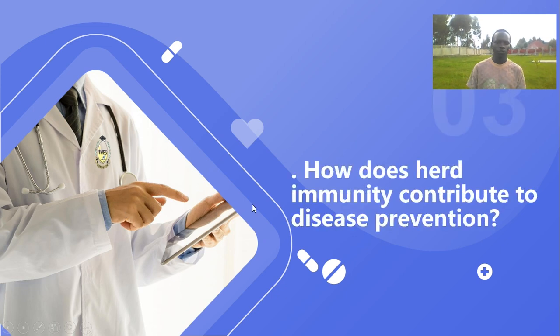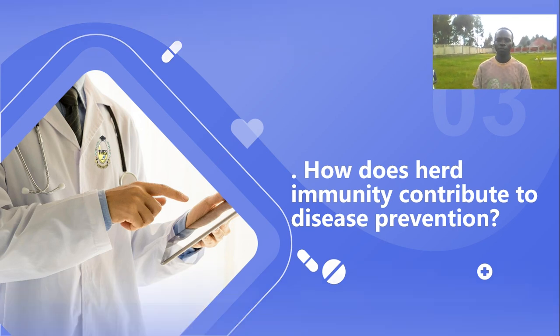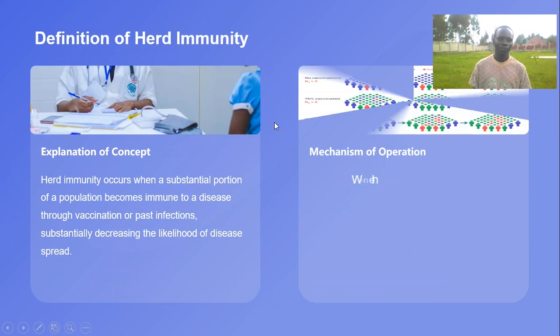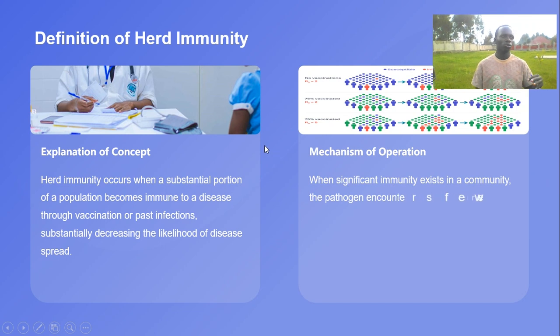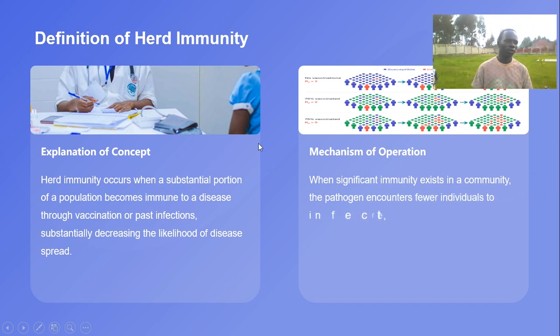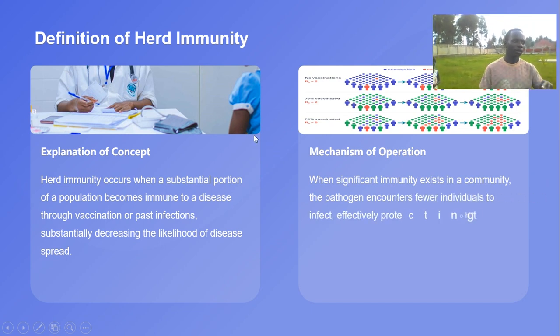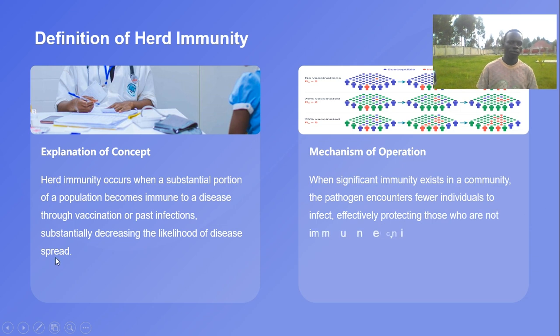The next question, the third question, is how does herd immunity contribute to disease prevention? We start by understanding what herd immunity is. Herd immunity is when a larger vaccinated population protects unvaccinated people from a specific disease.